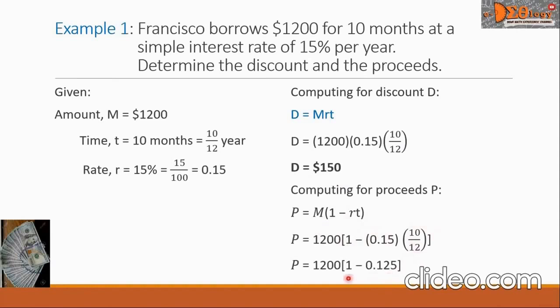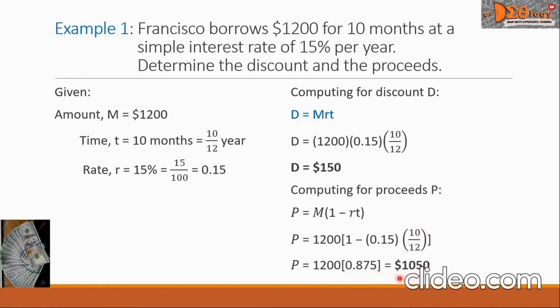The difference of 1 minus 0.125 is 0.875. Let us get the product of 1,200 and 0.875, and that is equal to 1,050. This is the proceeds.